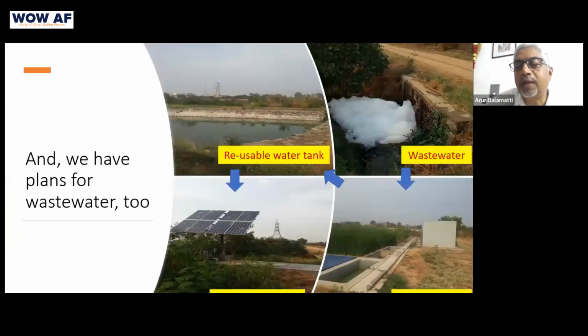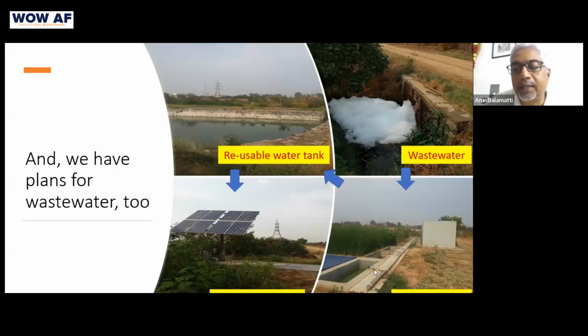So we also have plans for using wastewater. We could not really avoid it, but a lot of polluted water comes into our campus from the neighboring semi-urban areas like Ramchandrapuram and Tellapur. There is drainage water coming in. We have a small water purification plant here, a biological filter.